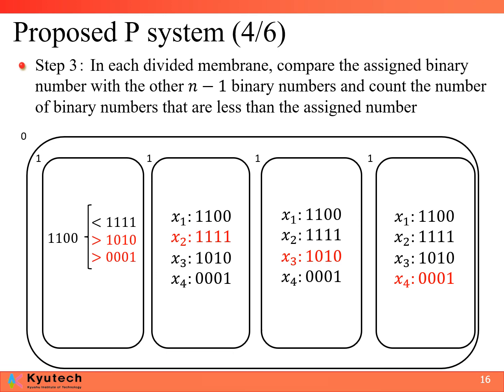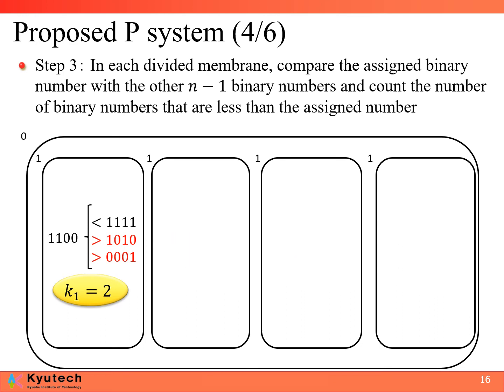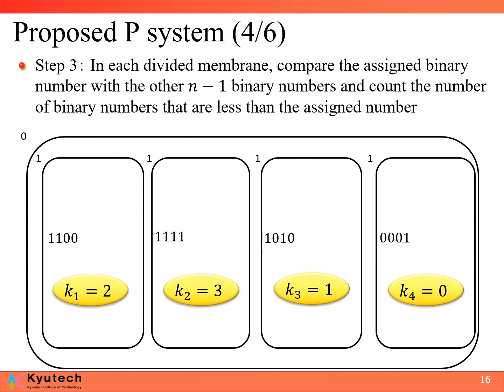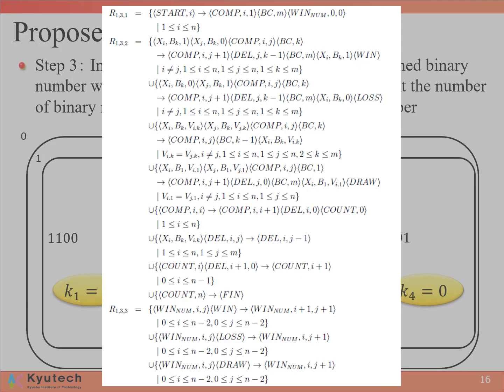There are 2 binary numbers that are less than x1, so 2 is set to k1 as a result of the comparisons. The same computation is executed in the other inner membranes. In addition, the objects representing the binary numbers excluding the assigned binary number are removed in each inner membrane. This step consists of these evolution rules.